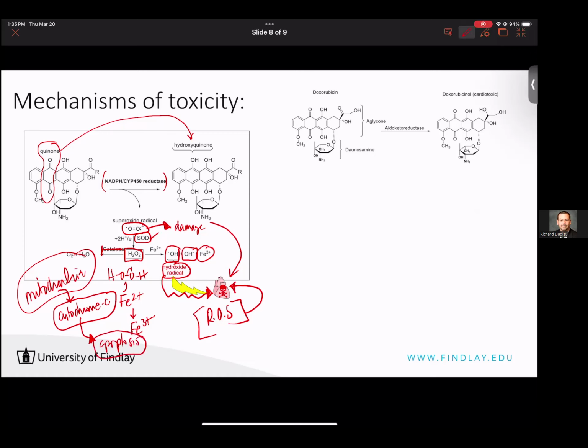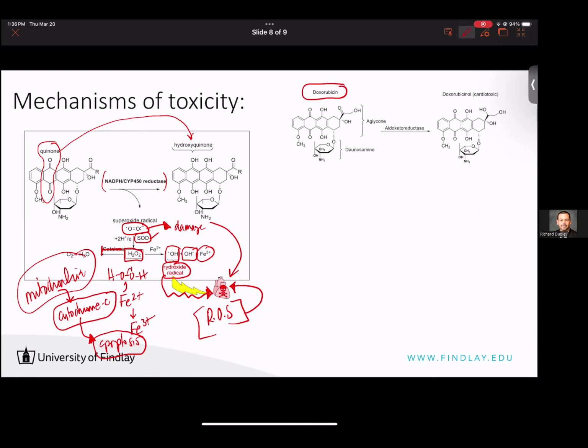We don't want apoptosis in our cardiac myocytes. We want it in the cancer cells. When this pathway happens in the cardiac myocytes, we're going to cause cardiac damage, decreased cardiac function, a decreased ejection fraction. So we need to monitor the patient's ejection fraction at the onset of therapy and during therapy while they're getting an anthracycline.